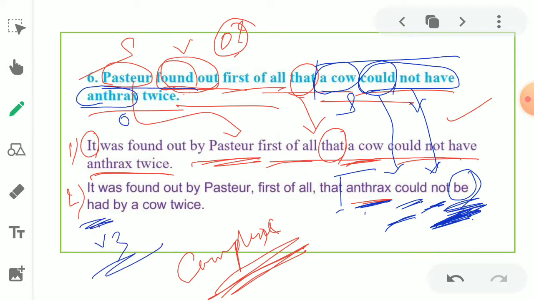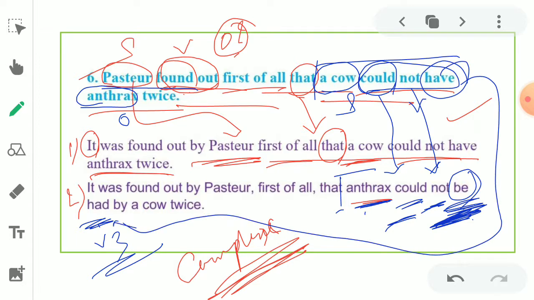The V3 form of have is had. Keep in mind, the V3 form of have is had. After writing be, then the preposition by, by a cow. Cow is the subject, the agent, in the passive. Then twice is used as a complement, as it is. So this is the way we have to make the sentence.